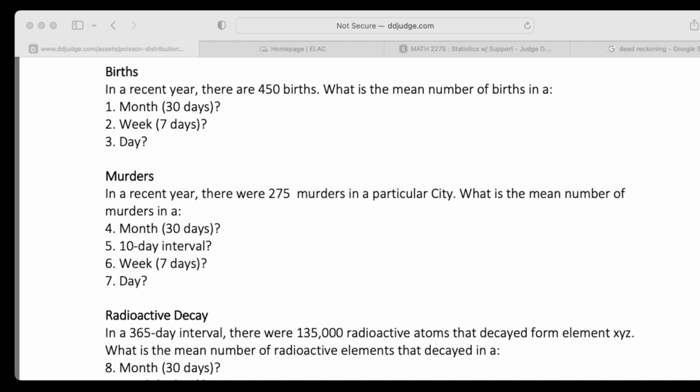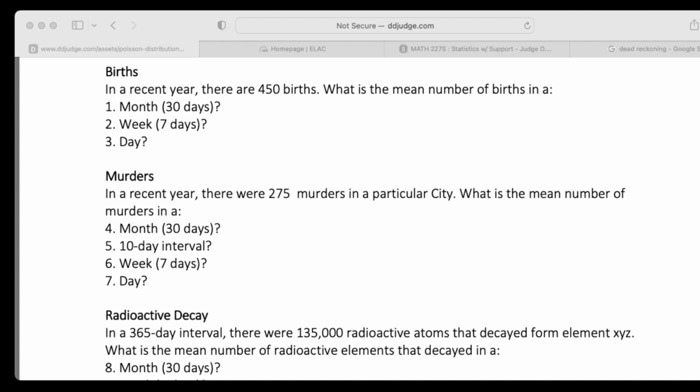Isn't that amazing? Anyway, in a recent year, there were 275 murders in a city. What is the mean number of murders in 30 days? Let's write this down. 275 murders in a year. That's the first rate they gave you.